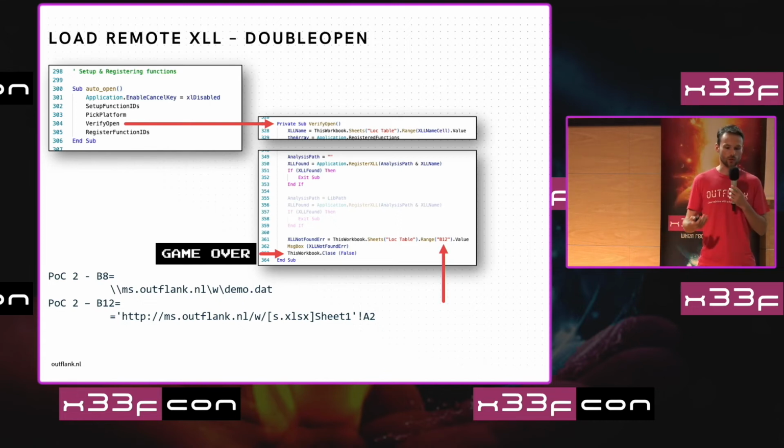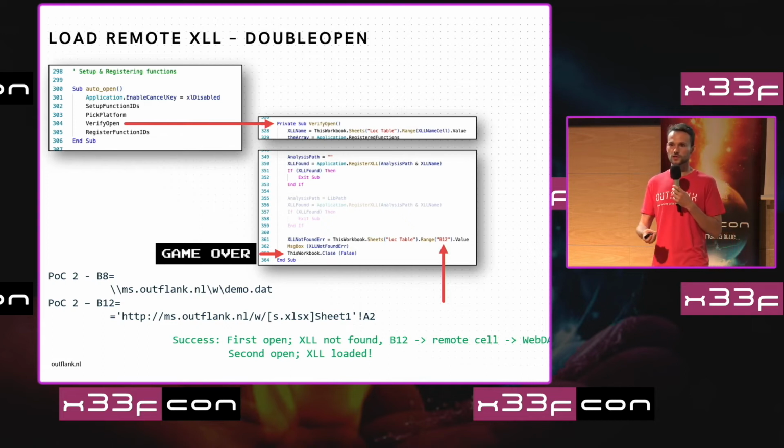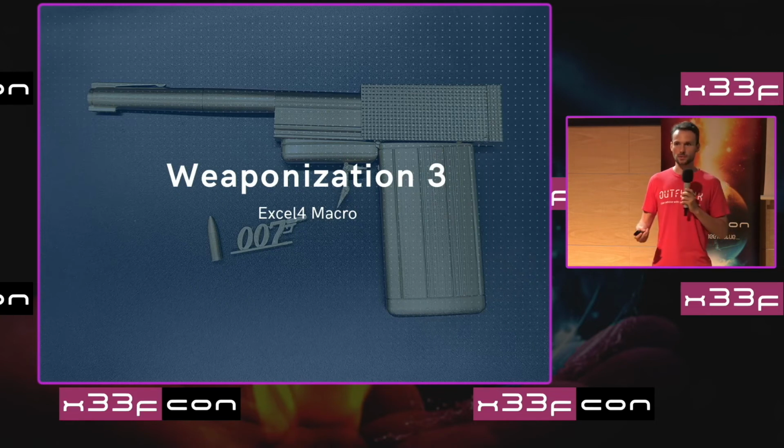Of course, this would require some social engineering or phishing, or just a user that is really happy to see what we have in this Excel sheet. So this requires a user to open this file twice. Which is good, it's already better, but we want something more.